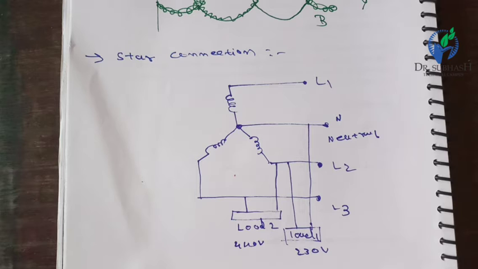The star connection of the three-phase system gives different voltages, 230 volt and 440 volt. The voltage between a single phase and neutral is 230 volt, and the voltage between two phases is equal to 440 volt. They are shown in this figure.